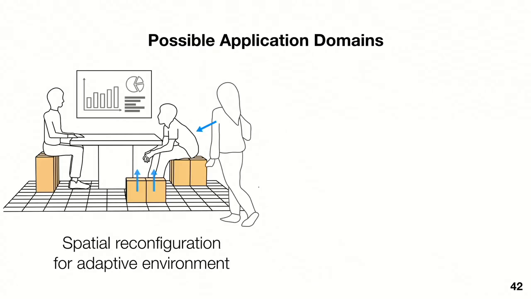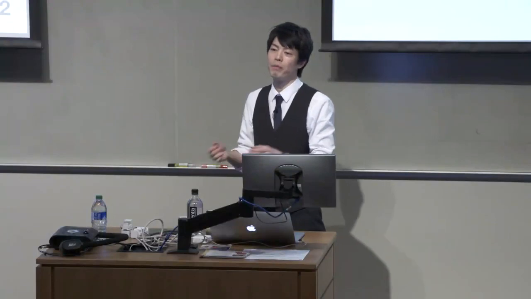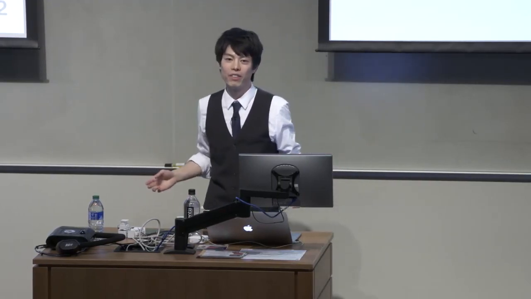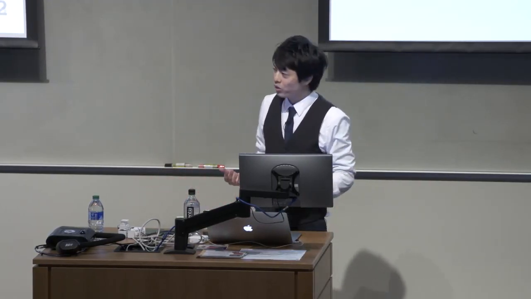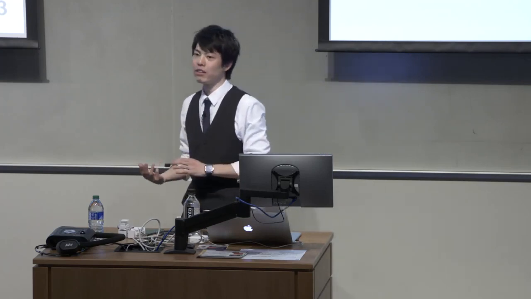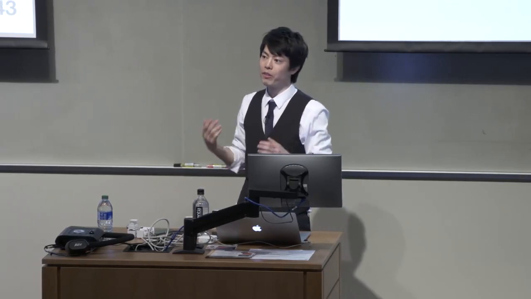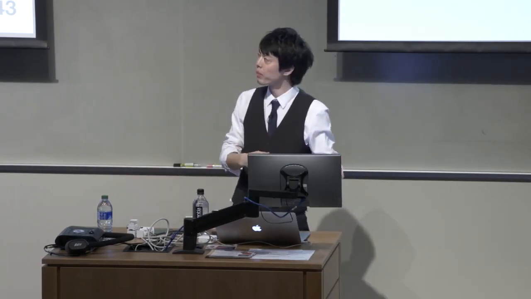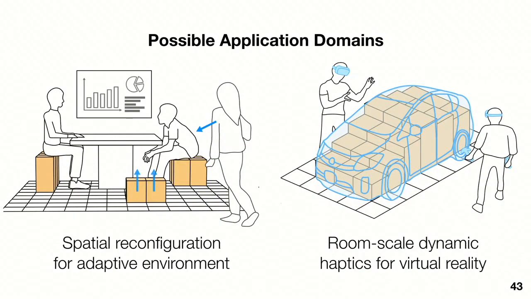If you press a button, the robots can immediately reconfigure the space by rearranging furniture from a meeting space to an interview space or a discussion space based on a calendar event, for example. But also, we can use it to provide haptic interfaces for augmented reality or virtual reality, to match between the virtual world and the physical world. In this project, we specifically explore the second application domain.